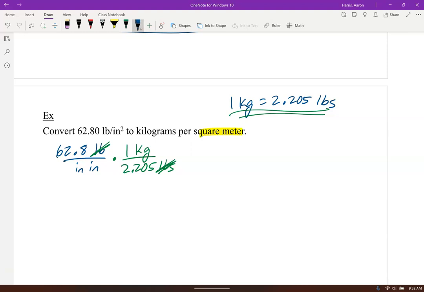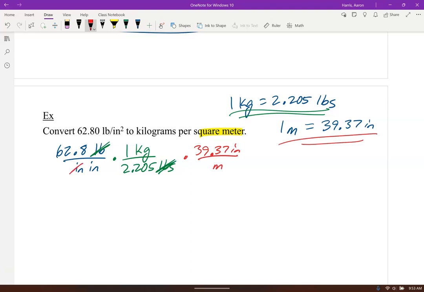So for every meter, I would look this up. How many inches in a meter? 39.37 inches. Okay, so let's use that and let's get rid of each of these inches. 39.37 inches per 1 meter. Now one of those inches is gone.